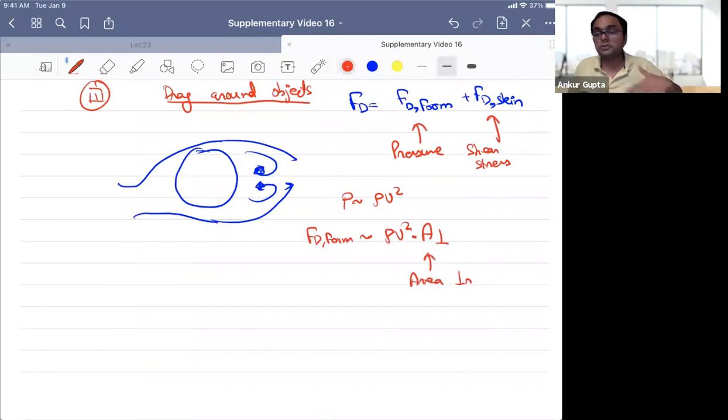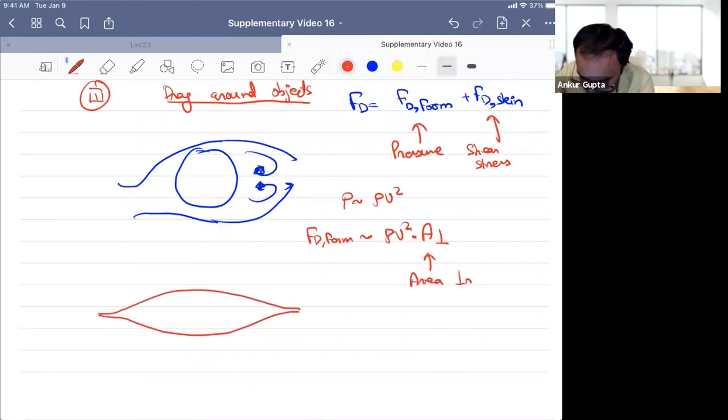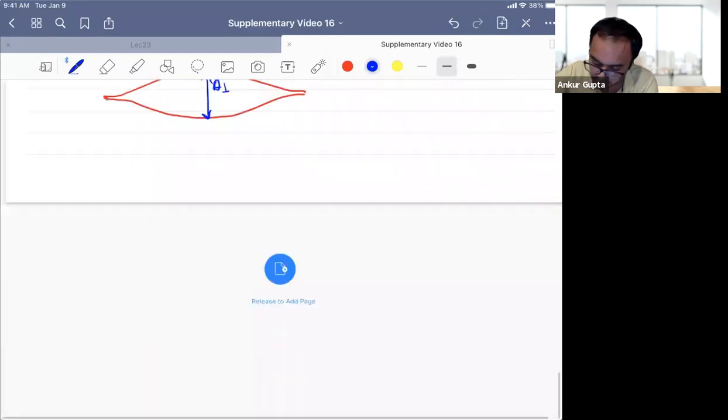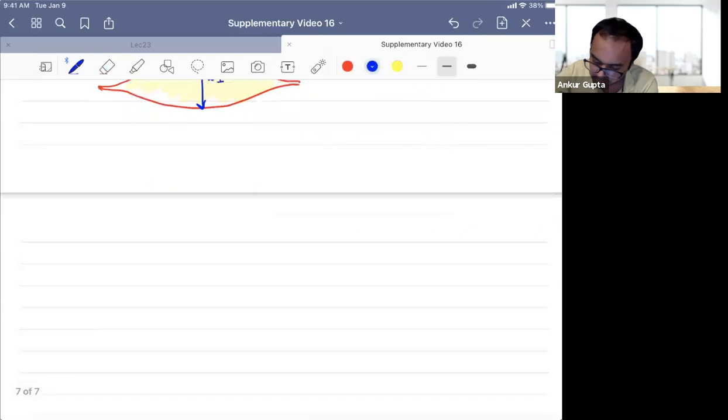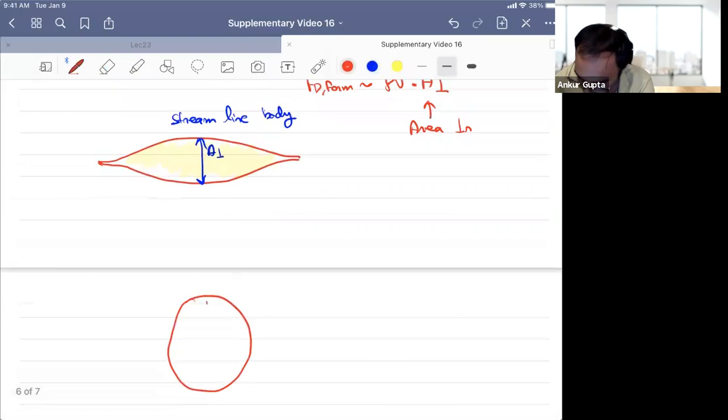So if there is no perpendicular area, let's say the body is streamlined, like some sort of solid like this, a streamlined body, here A perpendicular would be much smaller in comparison to this, which is a bluff body, which has a very large A perpendicular.